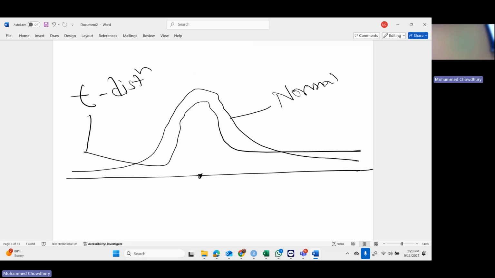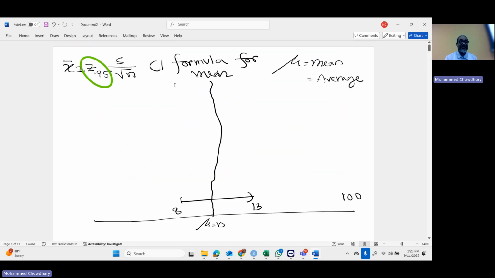Now what I discussed so far is confidence interval, right? When I started discussing confidence interval, I wrote the formula. This is the formula for the 95% confidence interval for the mean. So she constructed this one. Her confidence interval covered the true population mean 10.